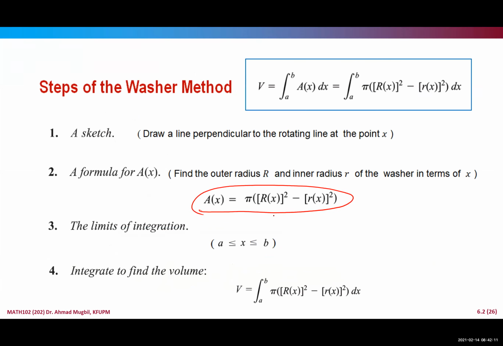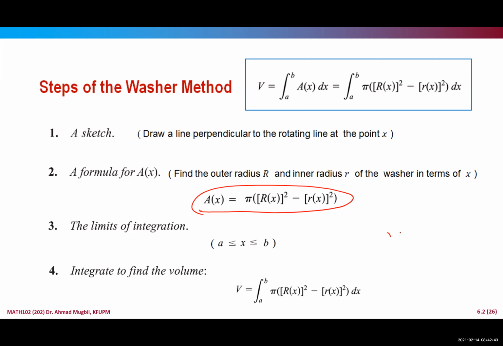What you can notice, which one is a special case of the other? Did you notice that one of the methods, the disk method and the washer method, is a special case of the other one? Which one, washer is a special case? No, I don't agree with you. How is it a special case? Because we have two radii in the washer method; in the disk method, we have only one radius.